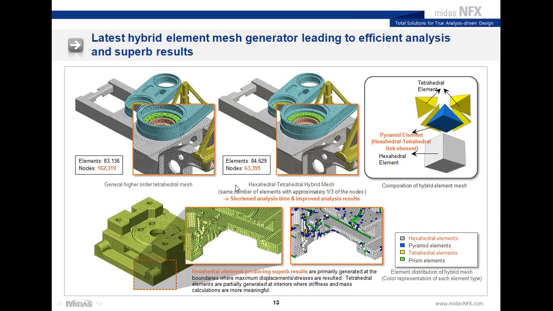And using a hybrid mesh can considerably reduce the size and the scale of your model, as in this particular case, for the same element size, the number of nodes has been reduced to less than half. So it provides you lesser number of nodes, and in turn lesser number of equations to solve, lesser analysis time, without any compromise on the quality of results.